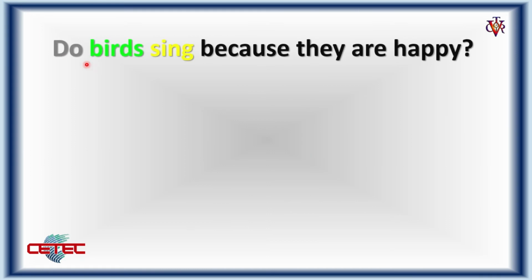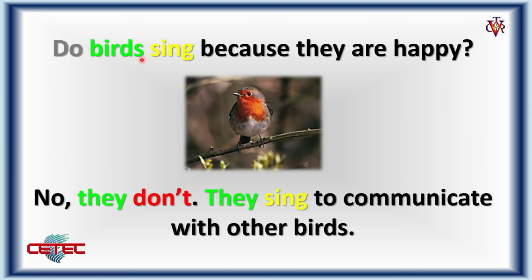Let's see another question. Do birds sing because they are happy? No, they don't. They sing to communicate with other birds. Here, it's so easy to remember. Do birds, birds is plural. So now the verb is in a regular form.